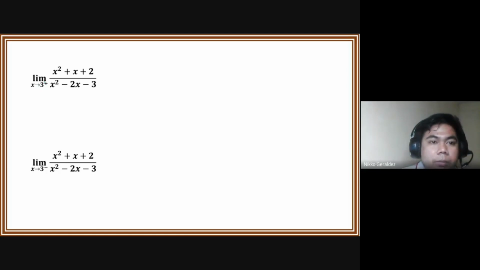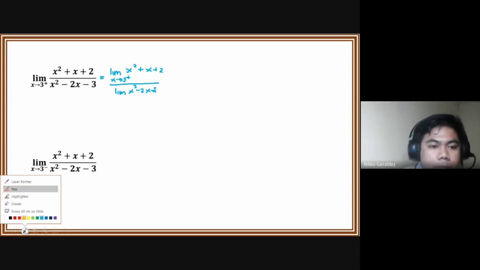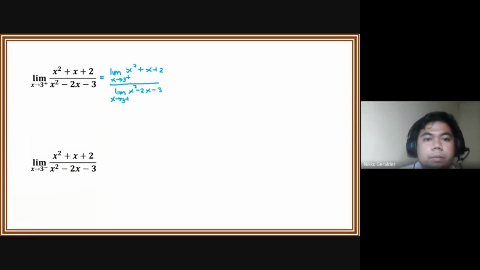So let's apply the limit: the limit of x squared plus x plus 2 as x approaches 3 from the right over the limit of x squared minus 2x minus 3 as x approaches 3 from the right.